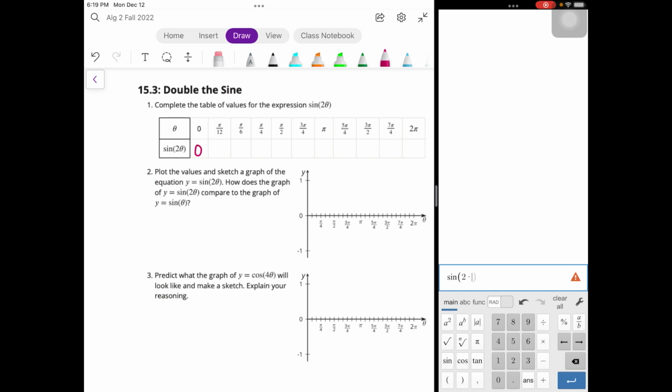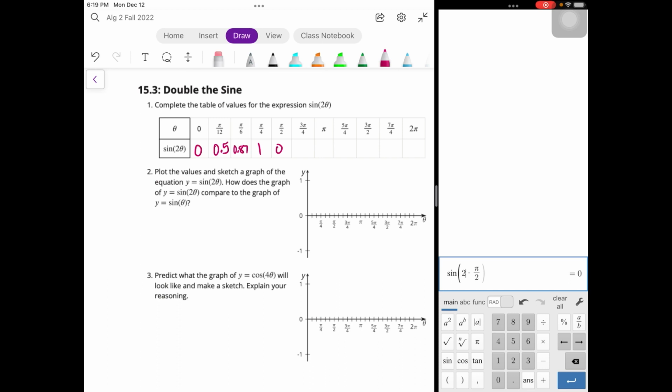Then sine of 2 times pi over 12, so pi divided by 12, gives us 0.5. When we make that pi over 6, we get 0.87. When that's pi over 4, we get 1. Pi over 2, we get 0.